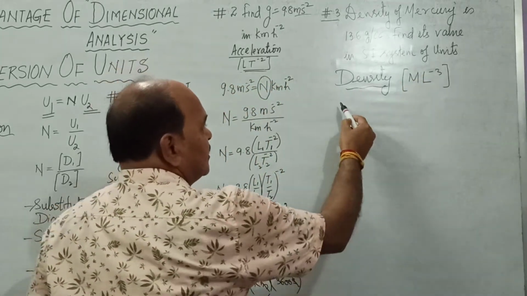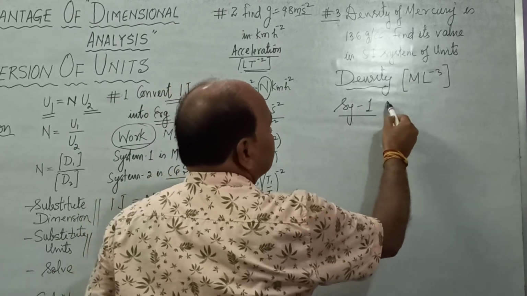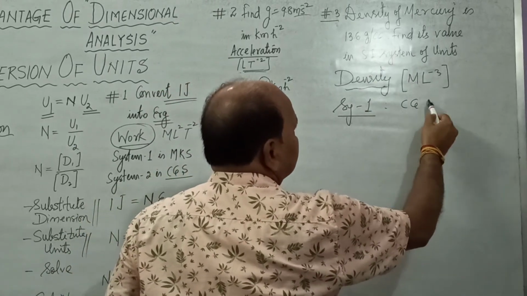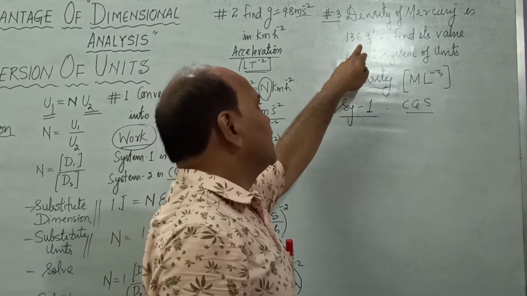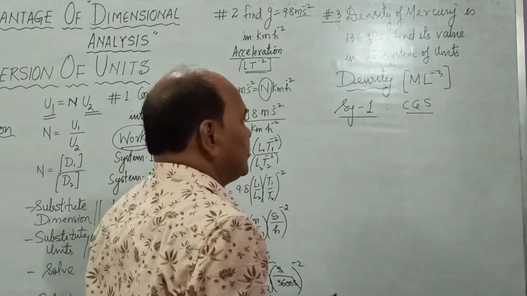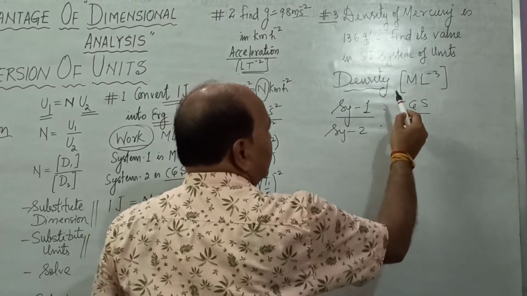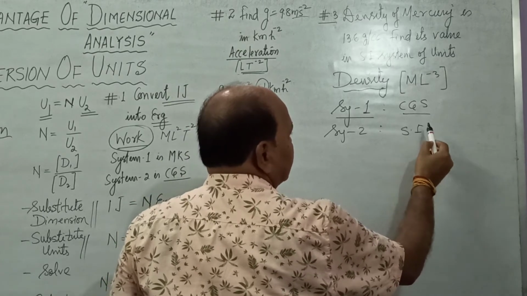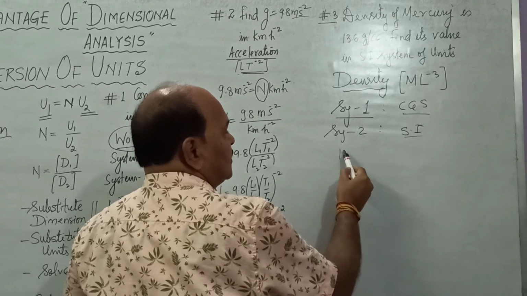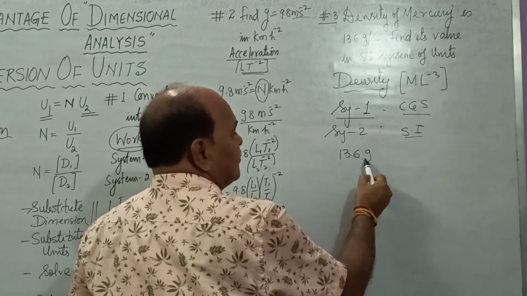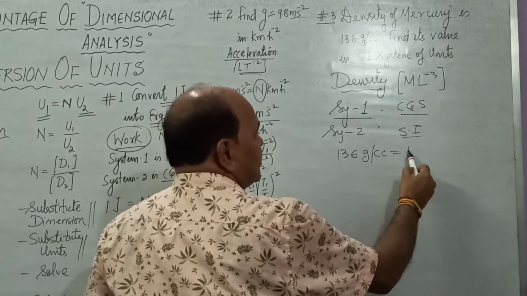Well, system 1 which is being taught here is what? System number 1 is the CGS system, where the unit of mass is gram and distance is in what? Centimeter. And system 2 here is the SI system, that is the same as the MKS system. We want to convert 13.6 gram per cc into what?